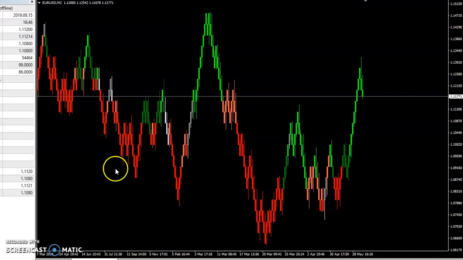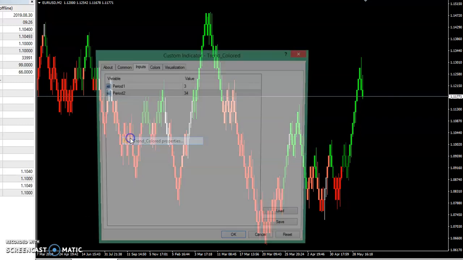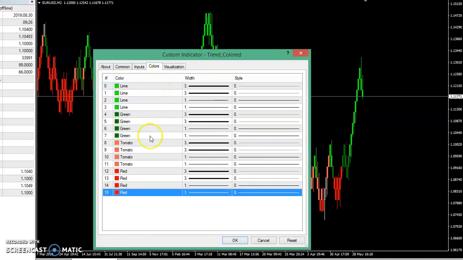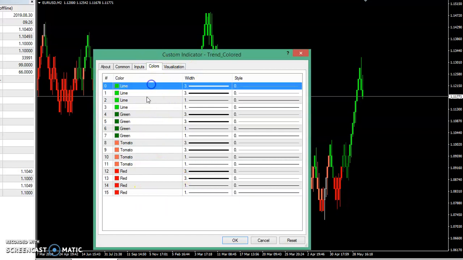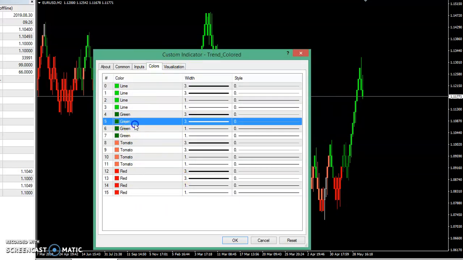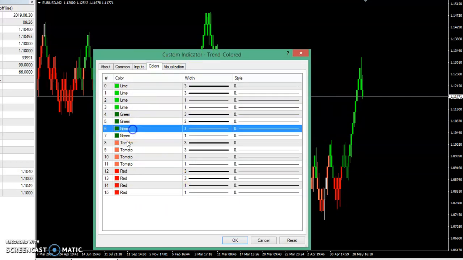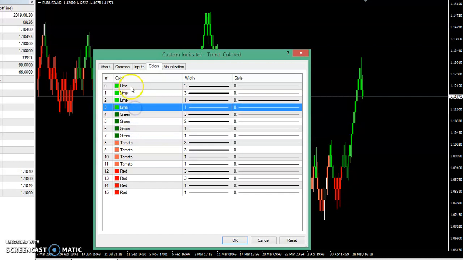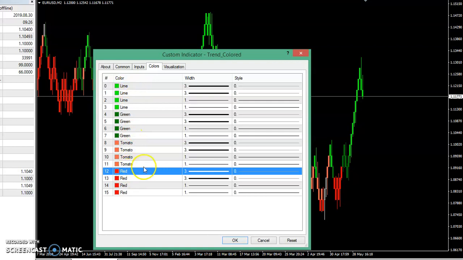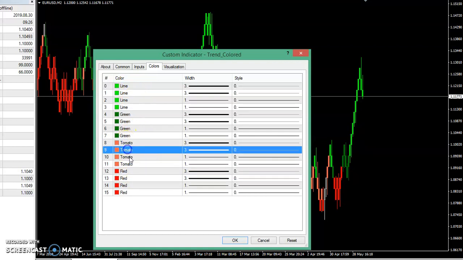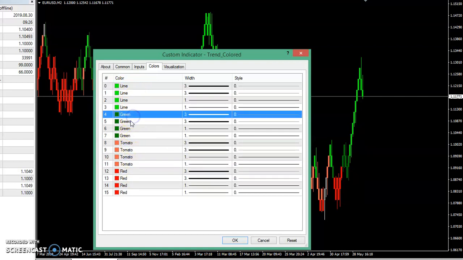Yeah, so the cool thing about this is that you can go to settings and it has a series of colors. These basically represent the intensity of your trend. Like the bright green is a strong trend and bright red is a stronger downtrend. These lower darker colors basically mean that the trend is not that strong and there's not enough push behind that trend.